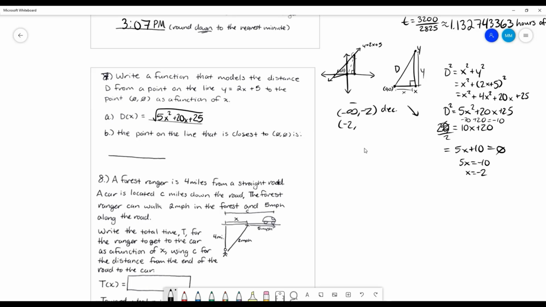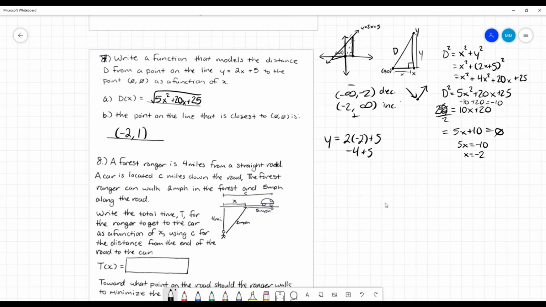And then from negative 2 up to infinity, if I plug in a 0, that's just going to be 20, which is positive. So we're increasing, which makes this a minimum, which means that it is the point where they are closest. So it's going to be negative 2, comma, oh, what is the y value? Well, y equals 2 times negative 2 plus 5, so it's negative 4 plus 5, which is 1.